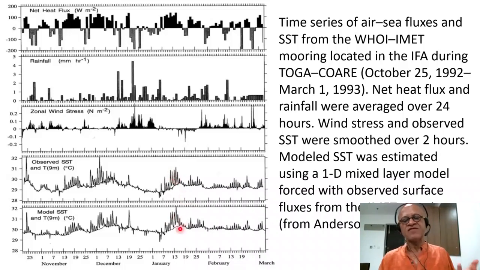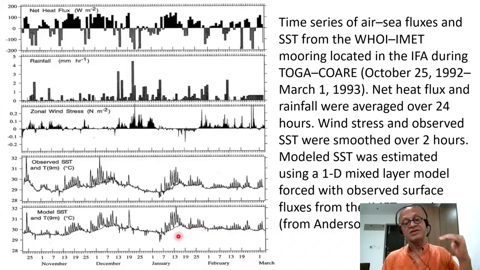For example, if you force the ocean with observed surface fluxes, you're essentially assuming that the atmosphere has infinite heat capacity and the fluxes are forcing the ocean, whereas it's the ocean that has high heat capacity and the atmosphere responds rapidly to sea surface temperature changes because of its low heat content, low density, and so on.